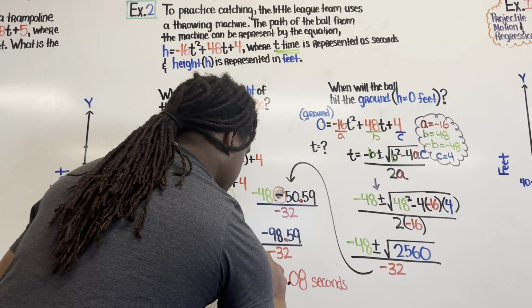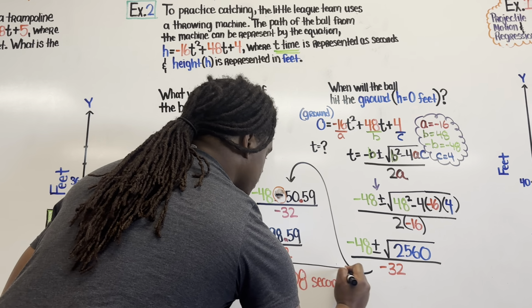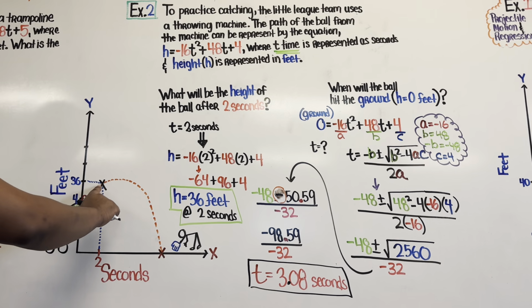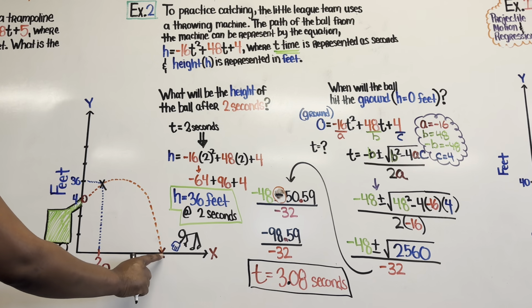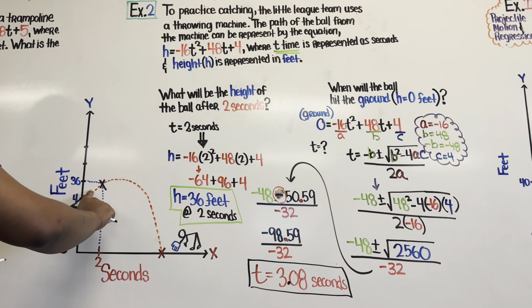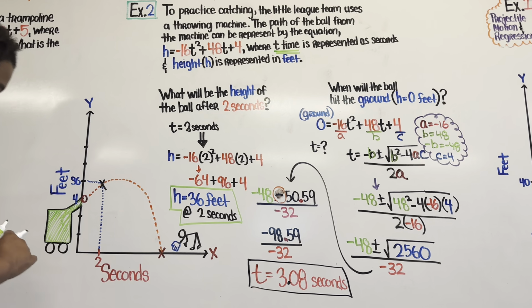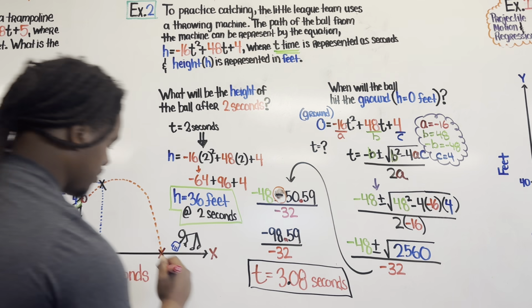So this right here, guys, is our answer to this particular part, meaning that it will take 3.08 seconds for the ball to be projected out of the machine and to hit the ground, okay?